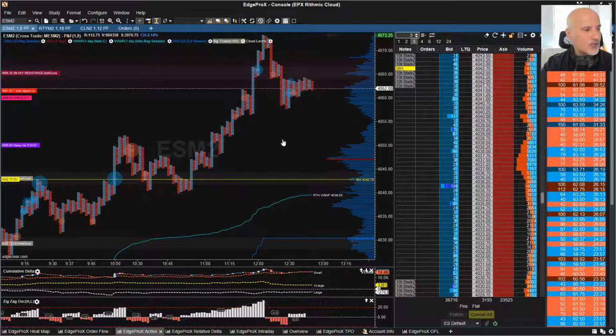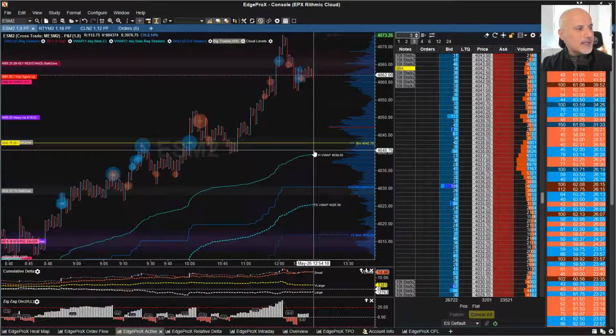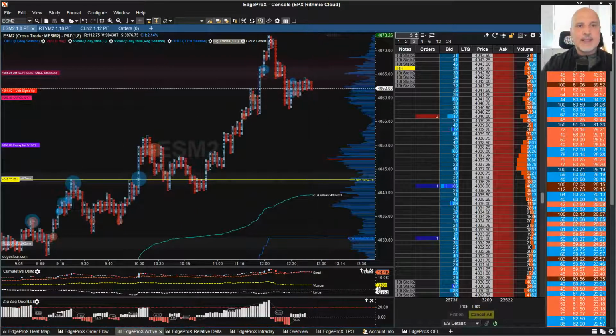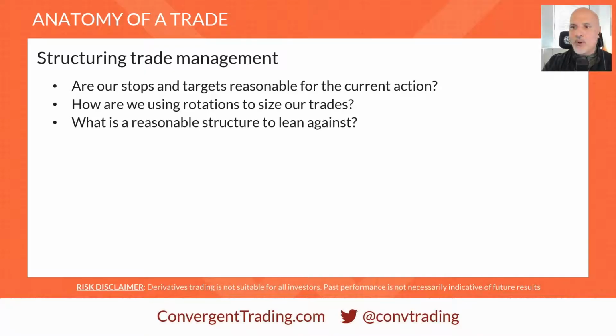I wish I could, but this is the kind of thing that I have to consider as part of this portion of the talk. What is a reasonable structure to lean against? What have I used? I'm using rotations. I'm using proper R factors, doing the math of risk reward to make sure I get rewarded well when I'm right.